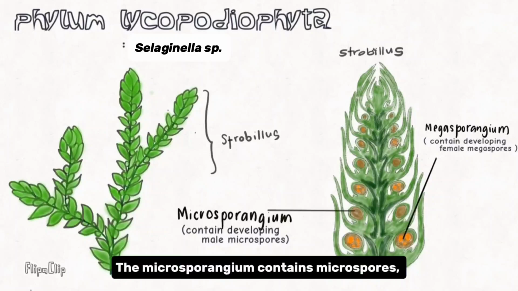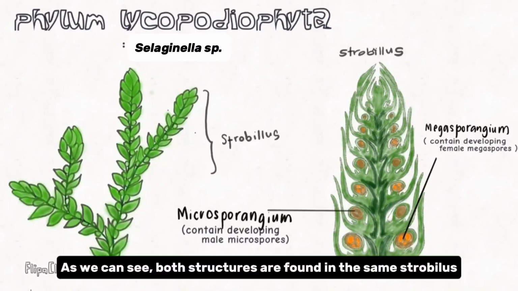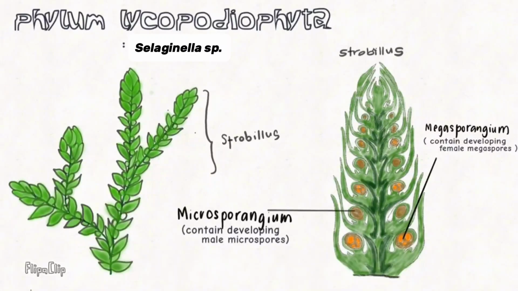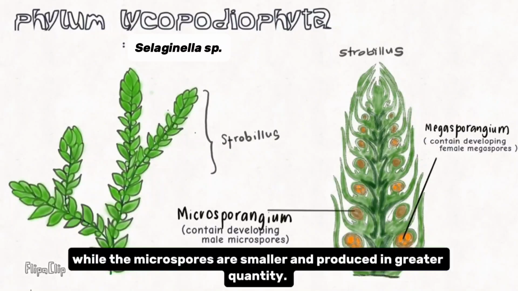The microsporangium contains microspores, which will develop into male gametophytes. These structures are key to understanding how this plant reproduces. As we can see, both structures are found in the same strobilus but serve different reproductive roles. The megaspores are larger and fewer in number, while the microspores are smaller and produced in greater quantity.